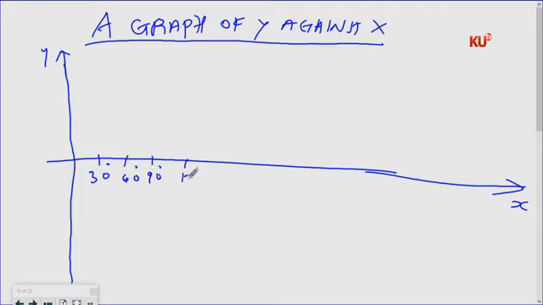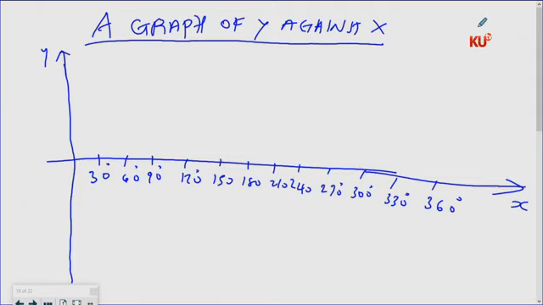90 degrees, 120 degrees, 150, 180, 210, that is 240. We are adding 30, that is our scale. 240 plus 30 will give us 270, plus 30 is 300, plus 30 will give us 330 degrees, and finally 360 degrees.